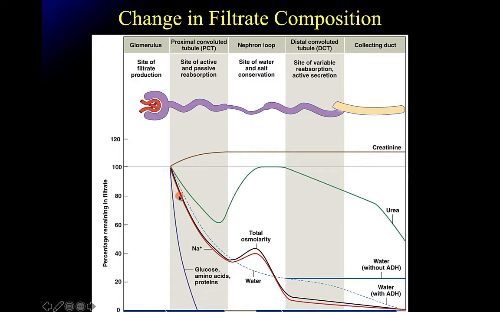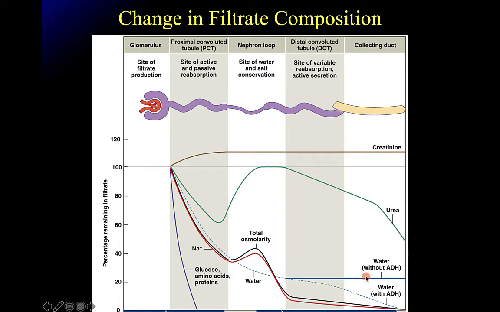We can see here that sodium is largely reabsorbed as well. There are some changes here where we do some pumping of sodium to help us reclaim some water. And you can see that we actually reclaimed most of the water in the proximal convoluted tubule, but it gets really difficult to reclaim more, and that's what the nephron loop is for. It's not that it's reclaiming most of the water there, but that it is making a huge difference by reclaiming difficult to reclaim water.